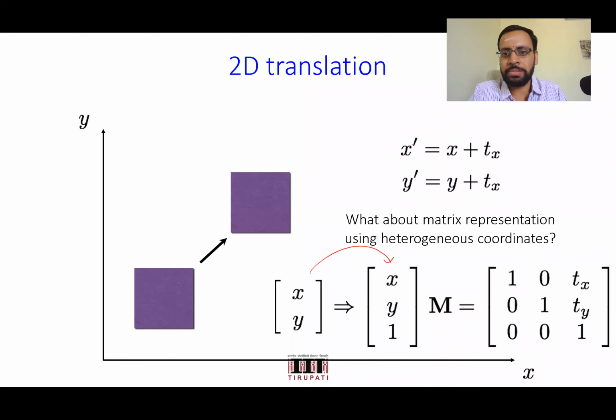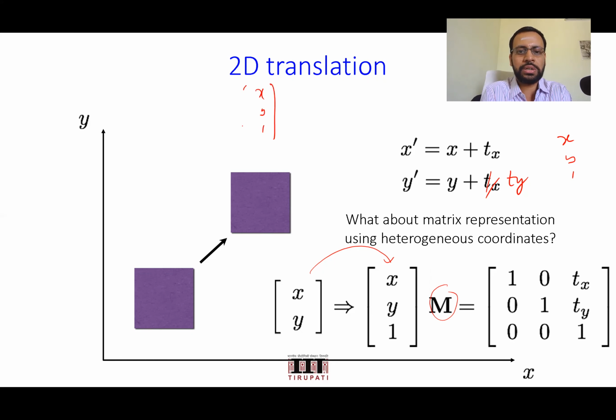So x prime, y prime is equal to x plus tx, y plus ty. Well, it could have been ty here. This is wrong, you correct it: ty there. So then what is the matrix M in order to get from x, y to this? Your x is now x, y, 1 here, your matrix is here, and what you have here is x prime, y prime, 1.